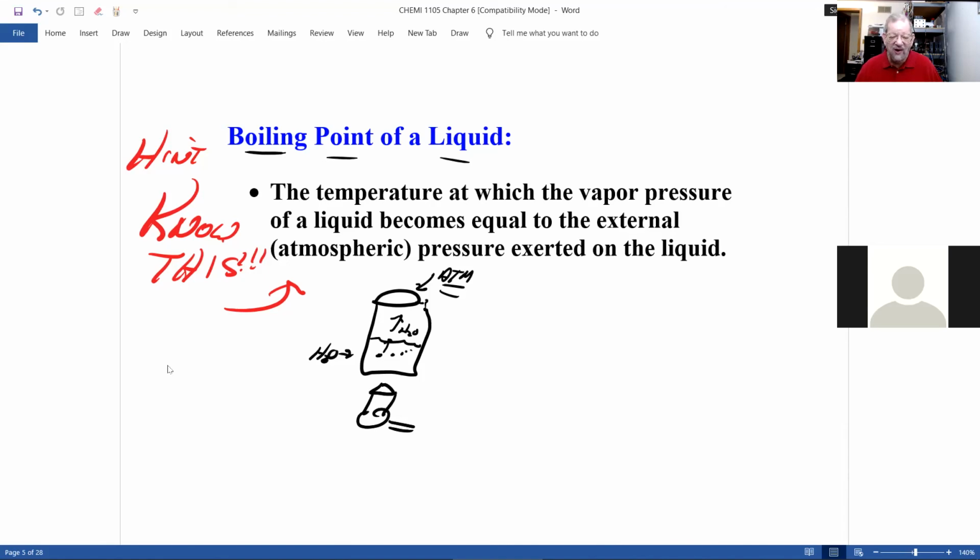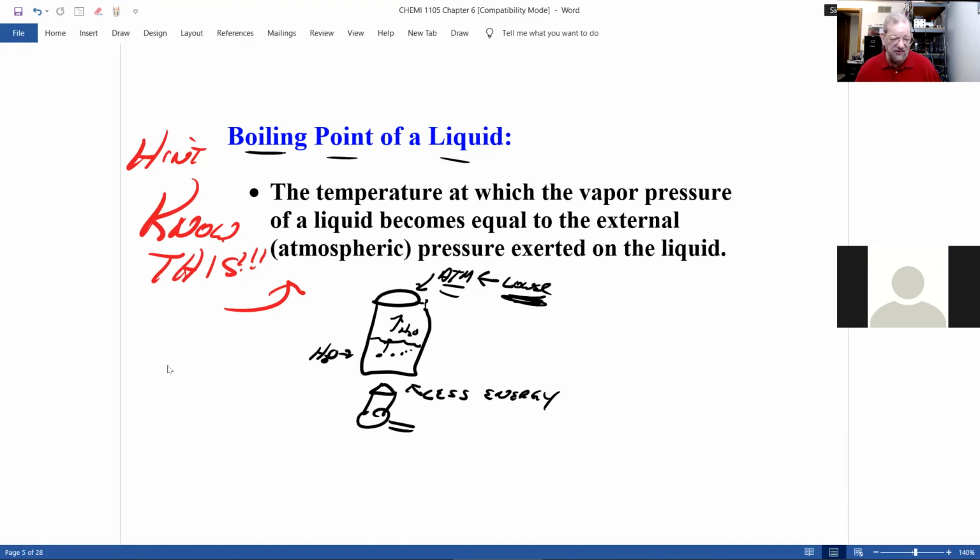Now, as you go higher on planet Earth, higher altitude, the atmospheric pressure gets lower, which means you need less energy to heat the water to get the vapor pressure equal to the new lower atmospheric pressure.